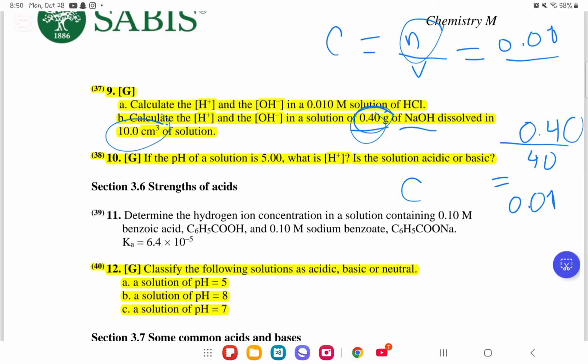So it's gonna be 10 divided by 1000, which is 0.01. So now we have the concentration of NaOH, which is 1 molarity. How? 0.01 divided by 0.01, which is 1 molarity.